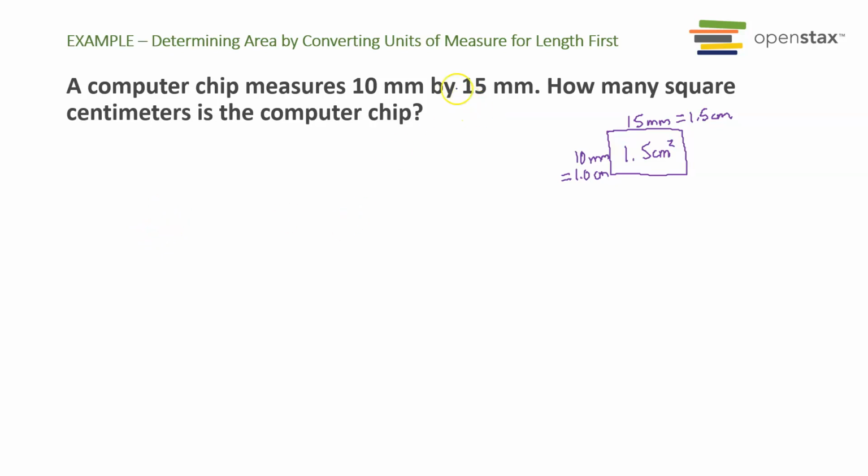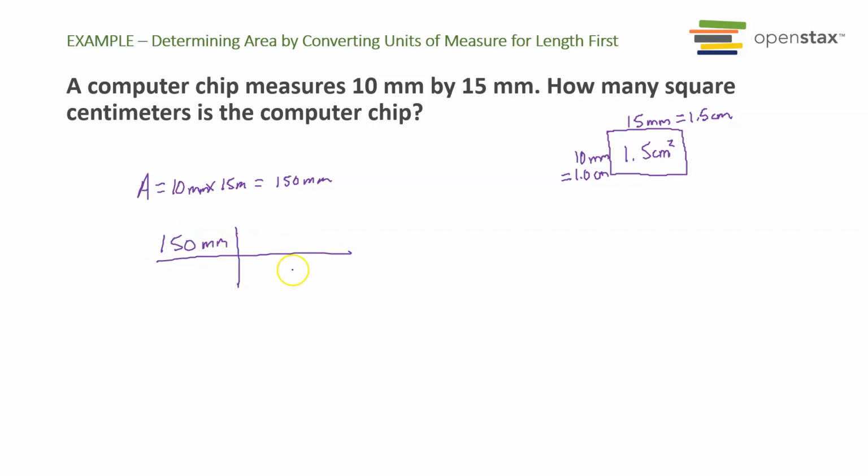then what we would do first is find the area in millimeters. So the area is going to be 10 millimeters by 15 millimeters, so you're talking about 150 square millimeters.